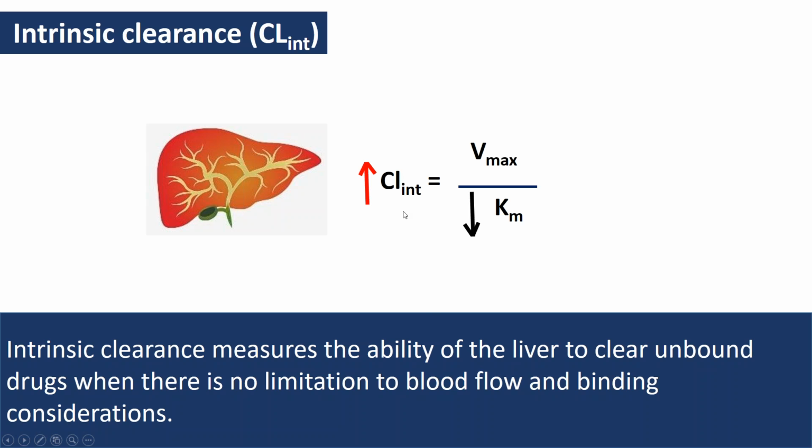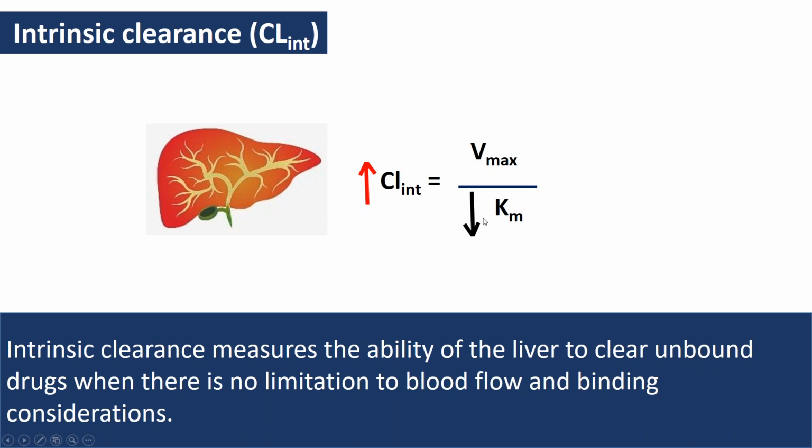There's a very important formula here: intrinsic clearance is inversely proportional to the Km. That means when the drug has a lower Km, or decreased binding capacity, it eventually leads to higher intrinsic clearance, and it will be the inverse as well.